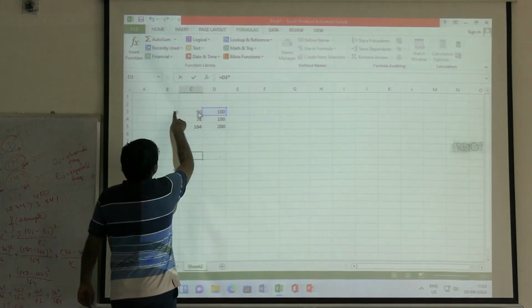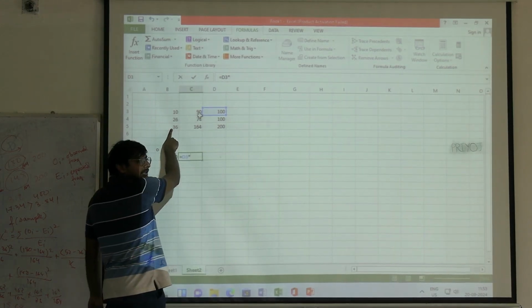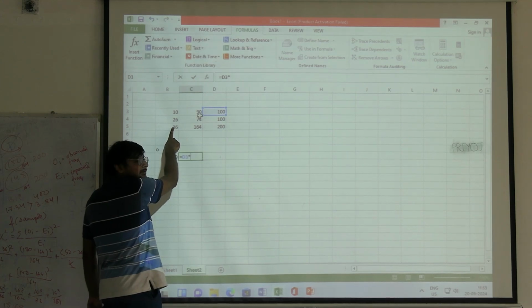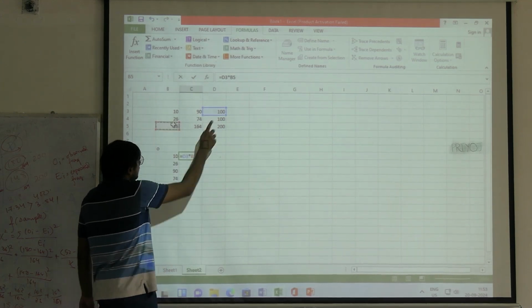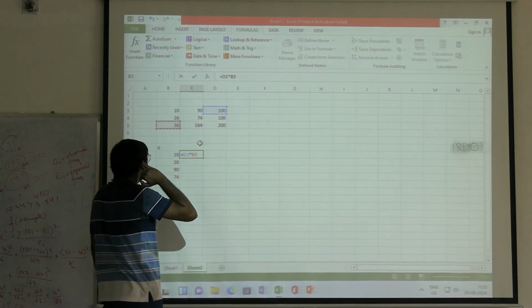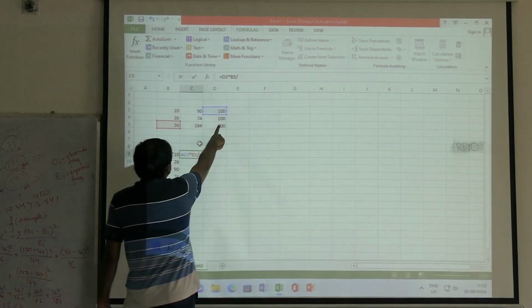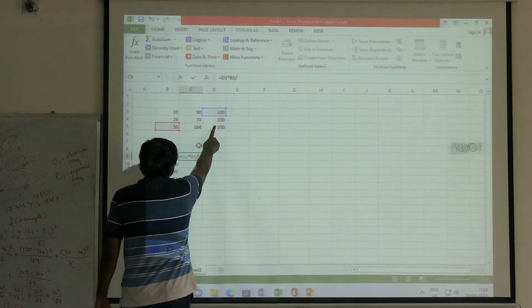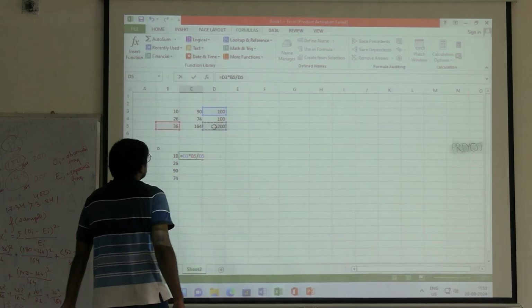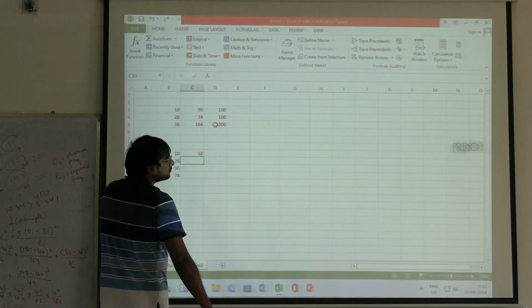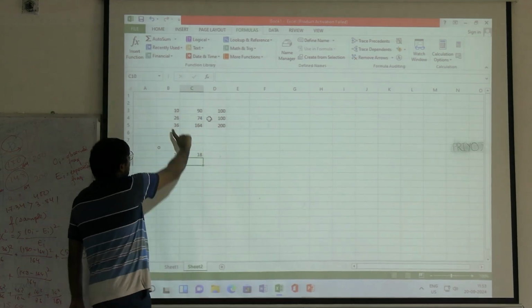This value, because for 10 we are doing it. For 10 the column total is this. Multiply. Click on this. Divide, the slash sign. Enter. You have it.